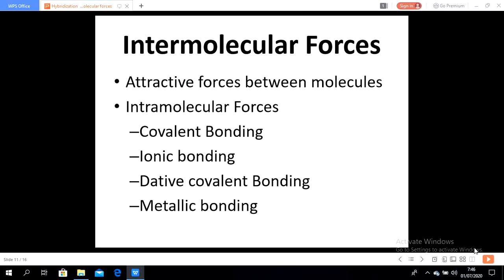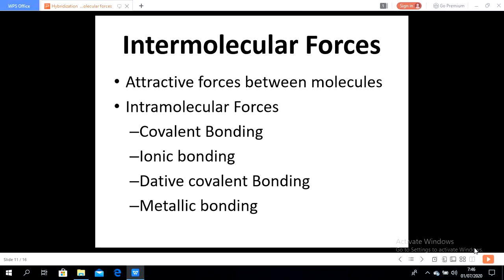Now about intermolecular forces. Intermolecular forces are attractive forces between molecules. There are two terms, intermolecular forces and intramolecular forces. Intramolecular forces are between the atoms. Intermolecular forces are between molecules.